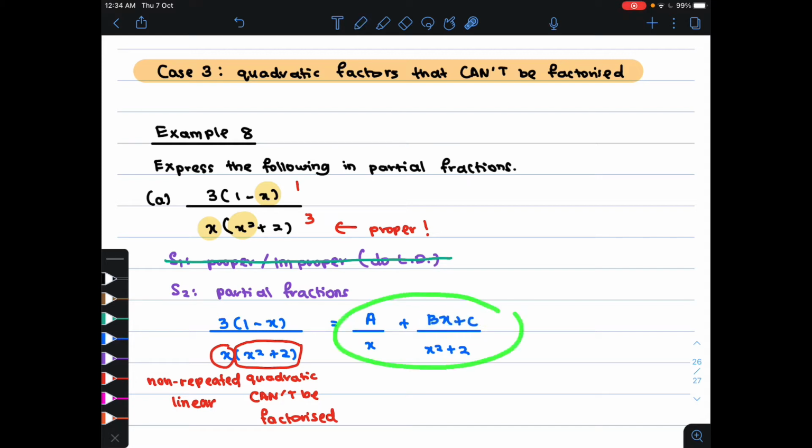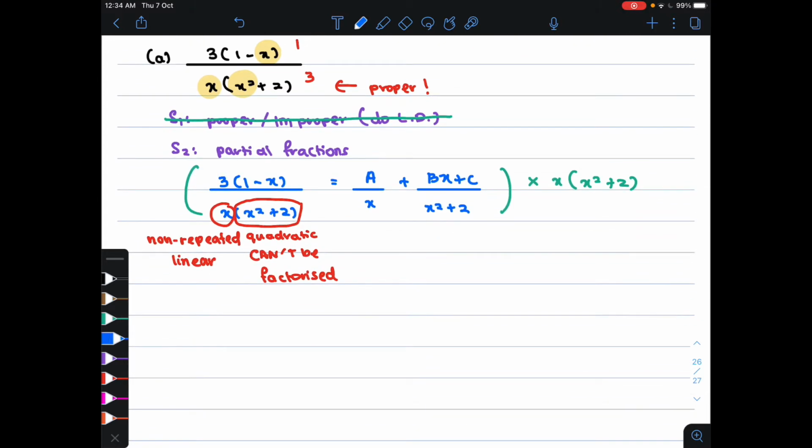Once we're done with the right-hand side, we need to eliminate the denominator by multiplying everything with x times x squared plus 2. So just be careful whenever you have a quadratic that cannot be factorized.